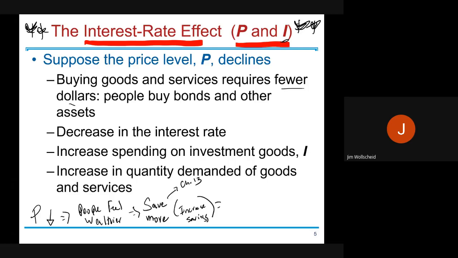Well, if you go back to chapter 13, we see the interest rate decreases. When the interest rates decrease, we know investment increases. And when investment increases, we move down along the AD curve.